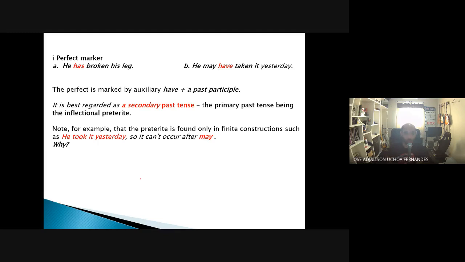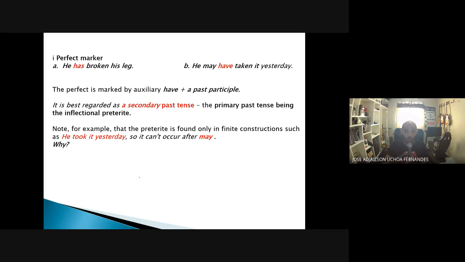Okay. Let me try to explain it. When we talk about finite constructions, we talk about situations that happened and are done. They are finished. And in these cases, we use the simple preterite, the famous simple past. When we use present perfect, we are talking about actions that started in the past and somehow had a certain period of duration or a certain influence in the present.